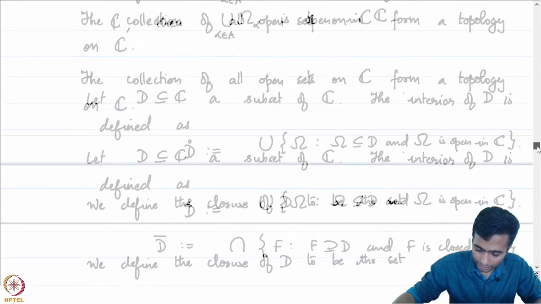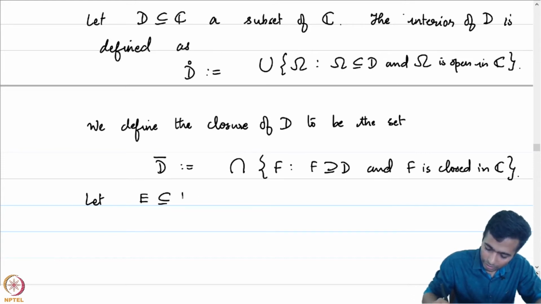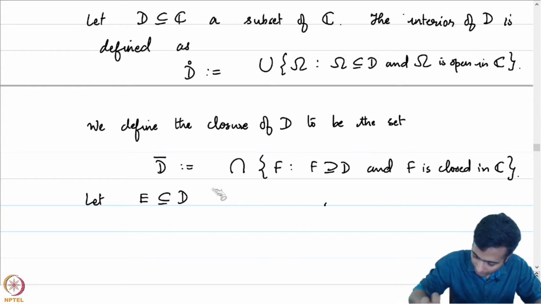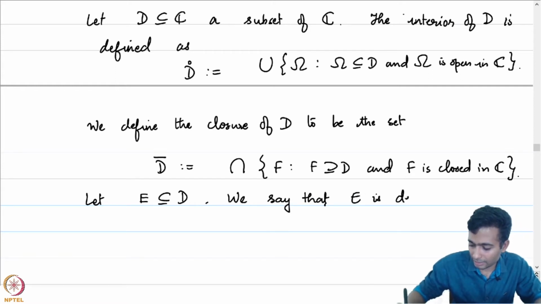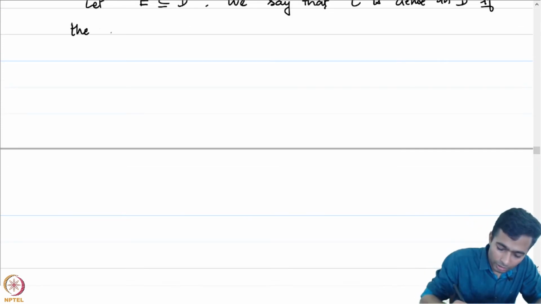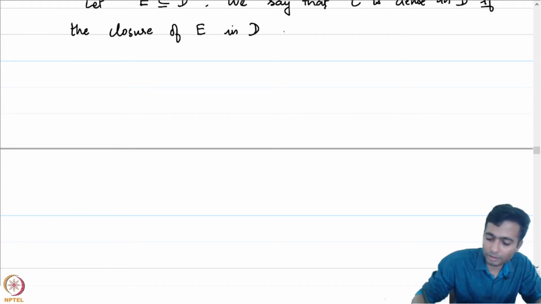Continuing the setup we were in, we considered a D which was contained in C. Let E be a subset of D. We say that E is dense in D if the closure of E in D is D.